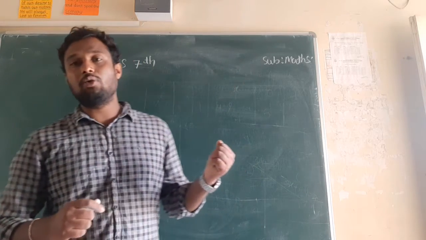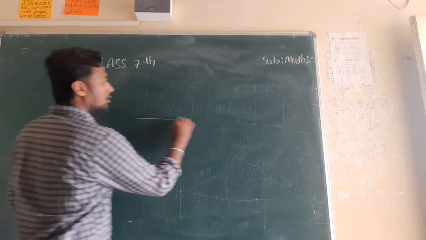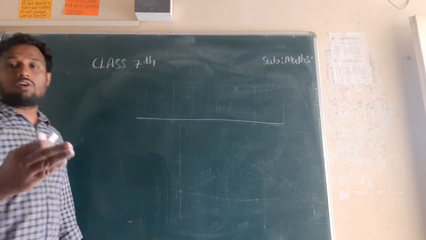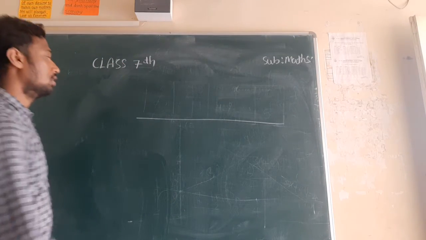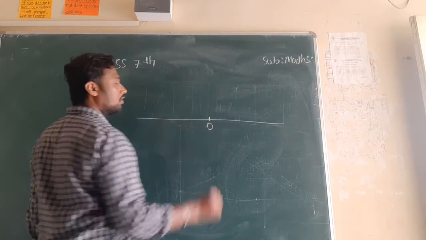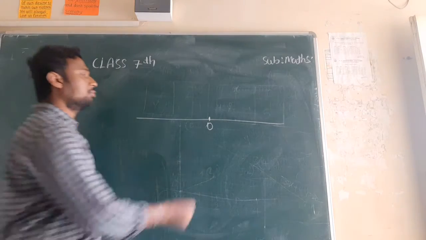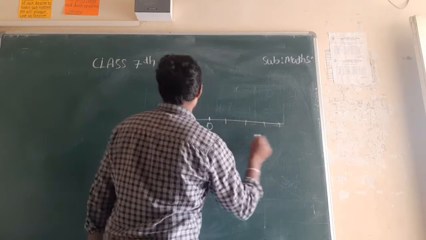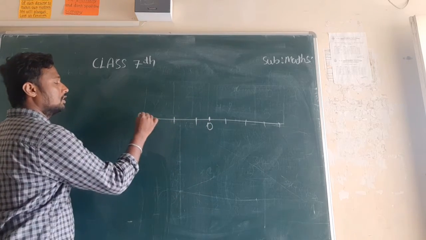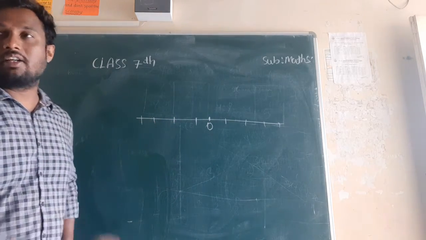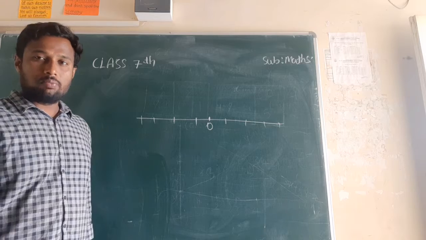Because yesterday I told you that on the number line you can have smaller numbers. Like if you start from 0 here, you can write up to 1, 2, 3, 4, 5, and here also -1, -2, -3, -5. Up to this you can write. But what is the problem here?